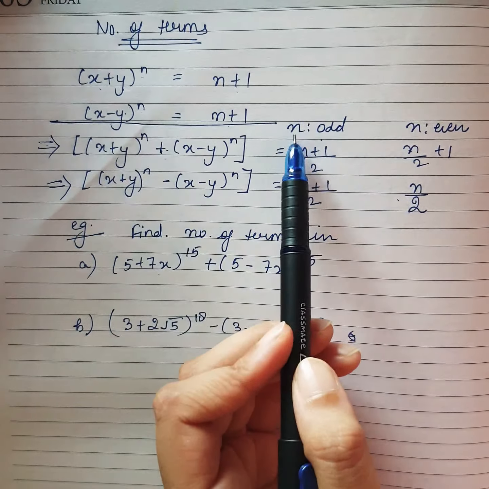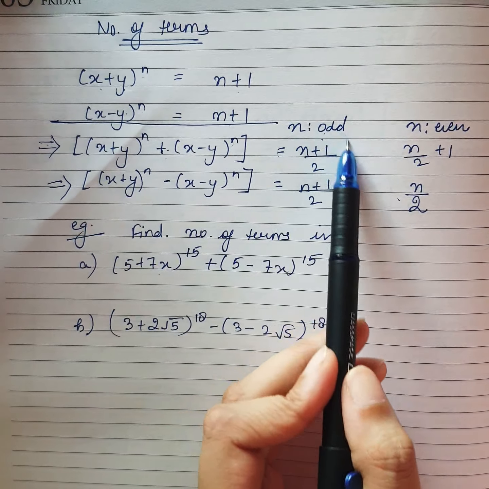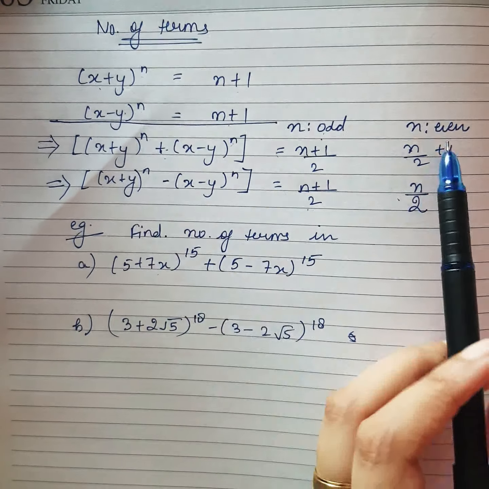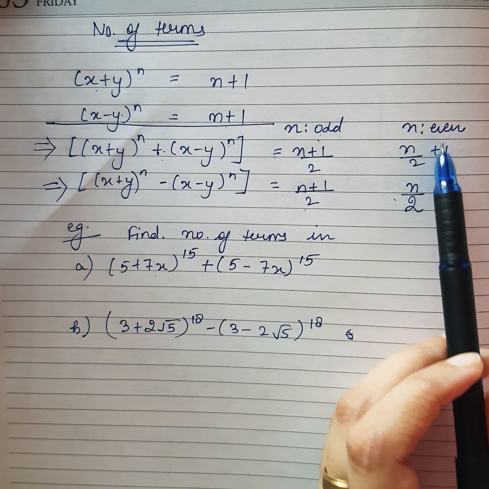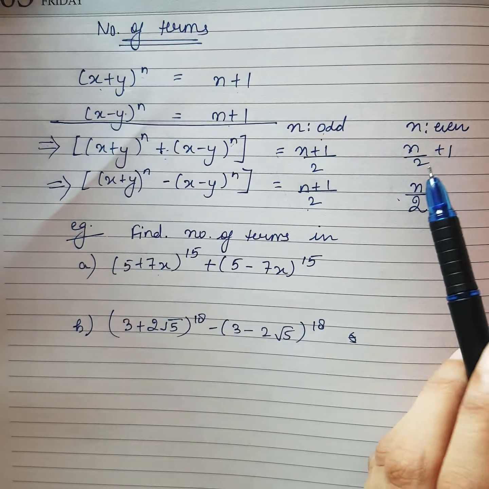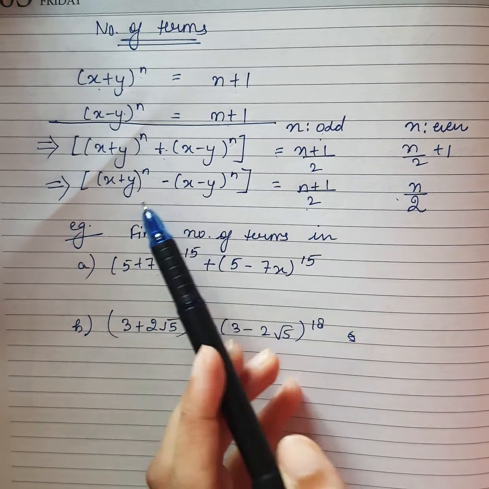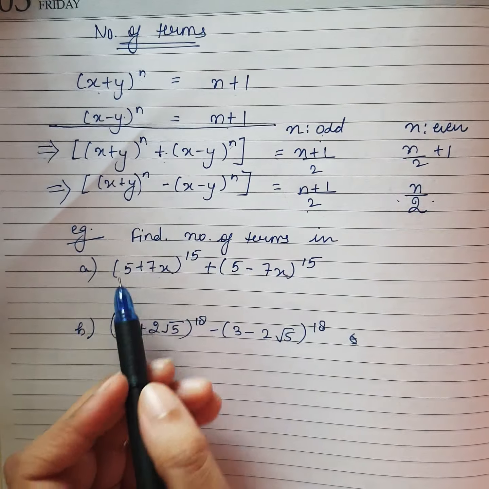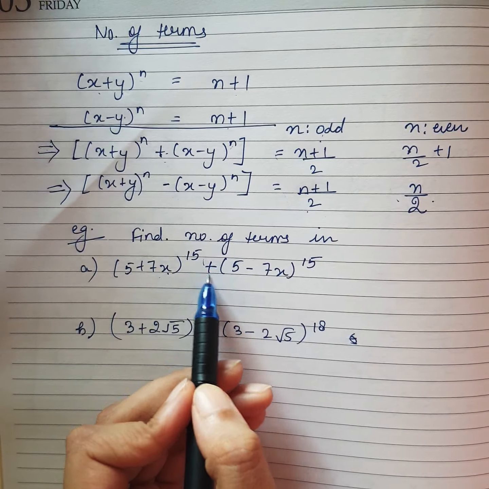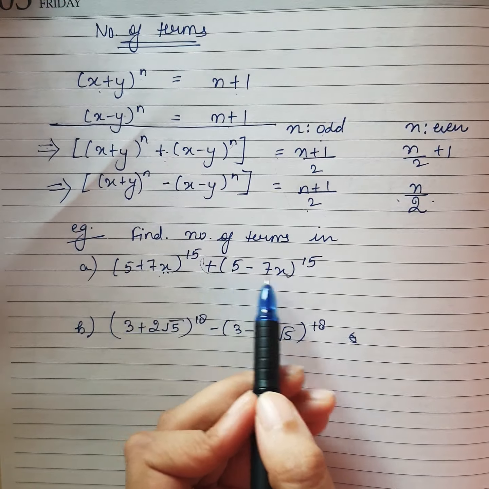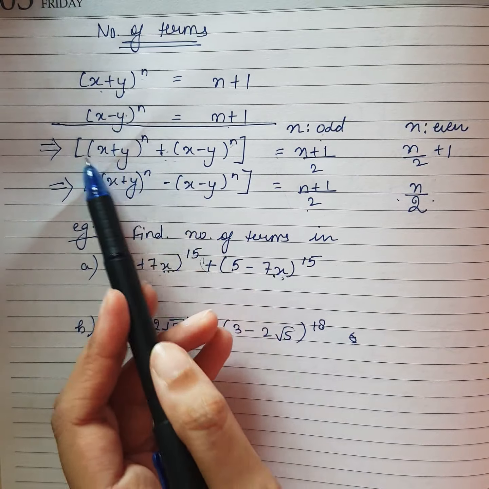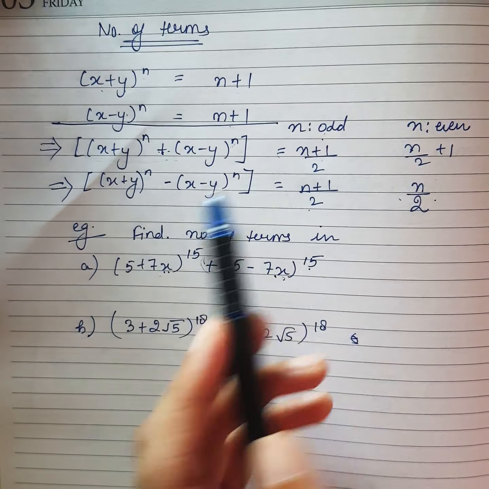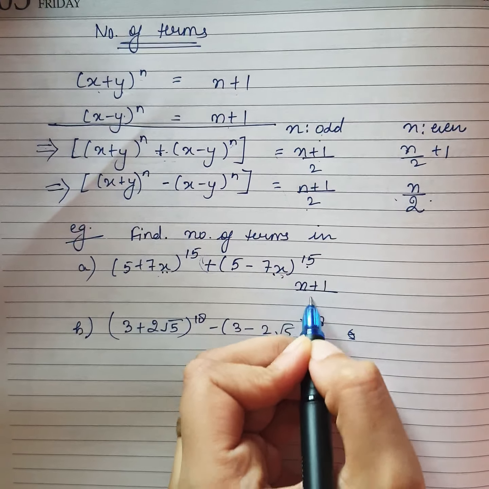Now in these two cases we need to see when we are adding both expansions and when we are subtracting both expansions. If n is odd, then in both of them we will have (n plus 1) by 2 terms. When n is even, in the plus case it is n by 2 plus 1, and in the subtraction case this is n by 2. For example, this is the sum of (5 plus 7x) and (5 minus 7x), so this is matching, and n here is odd, so the number of terms will be (n plus 1) by 2.